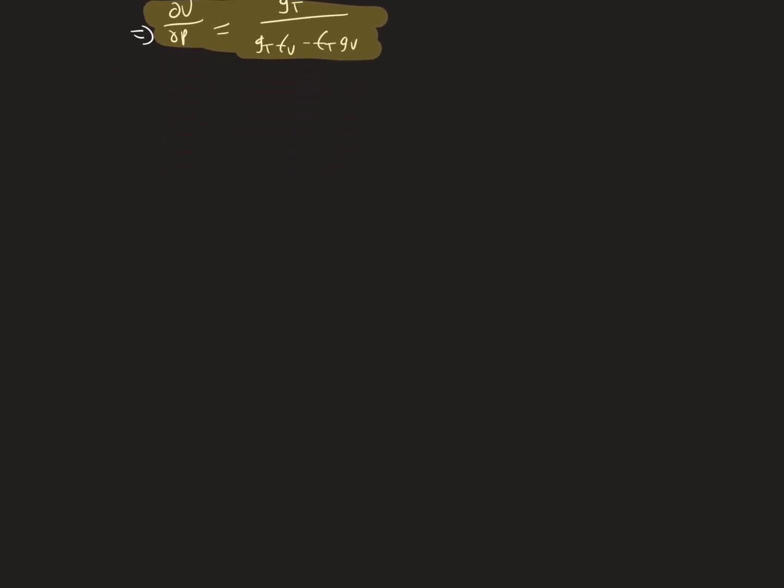So we have ∂u/∂p, where we keep s constant, is equal to h_v ∂v/∂p plus h_t ∂t/∂p. And now we can fill in the expressions that we found for ∂v/∂p and ∂t/∂p.